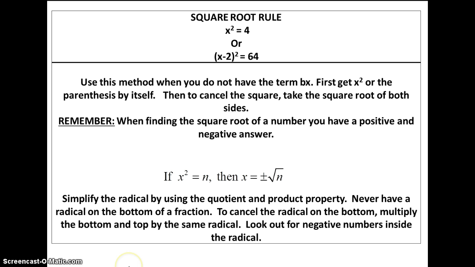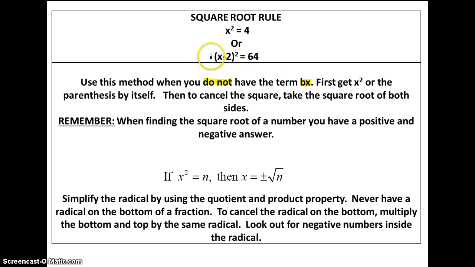Now here are some steps for when you want to use the square root rule. I'm not going to read the whole thing, but I want to emphasize a couple of things. You want to use this method when you do not have the b term, or bx term. So you are going to have a and c, but not the bx term.